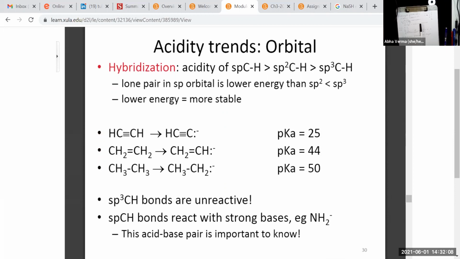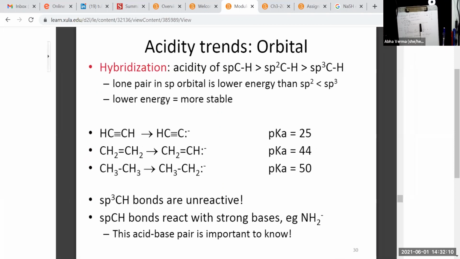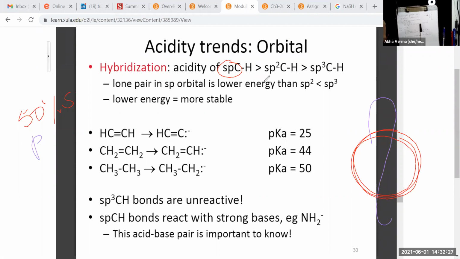Now, in sp hybridized carbons or atoms, 50% S character is there. When I say S character, that is the spherical orbital, and then there is this P character also. However, if you look at sp3 or sp2, that spherical nature is lost.